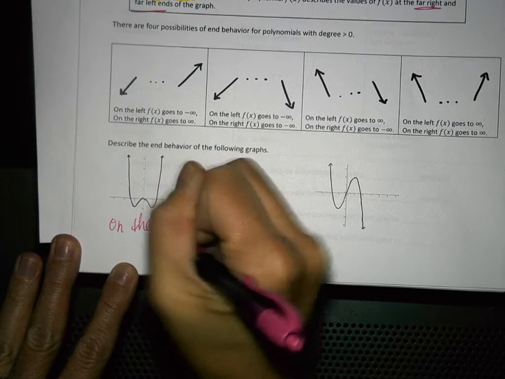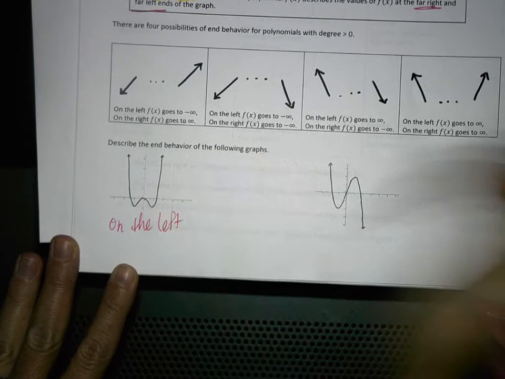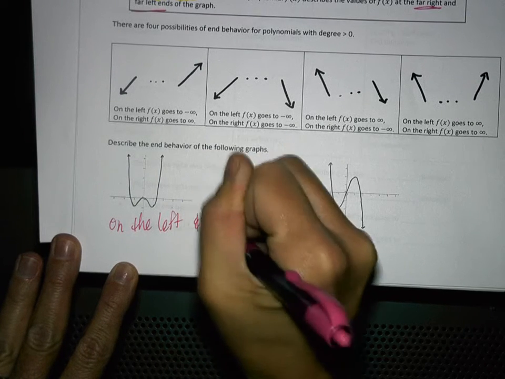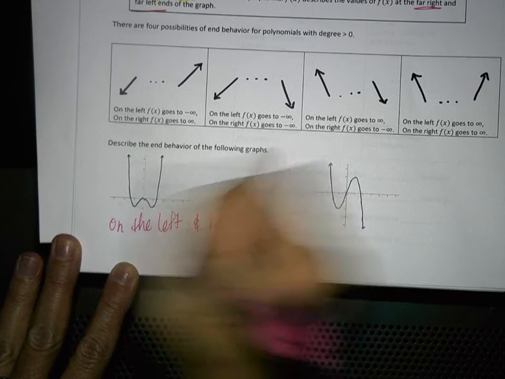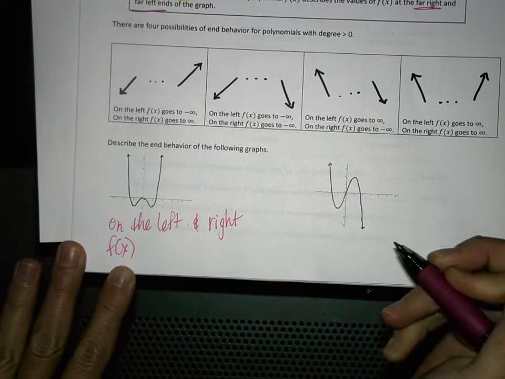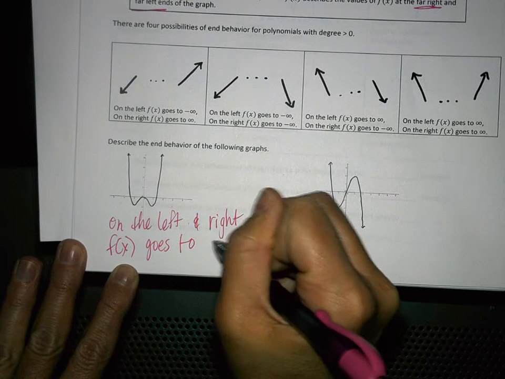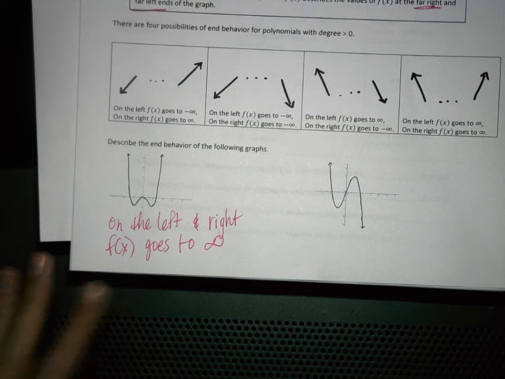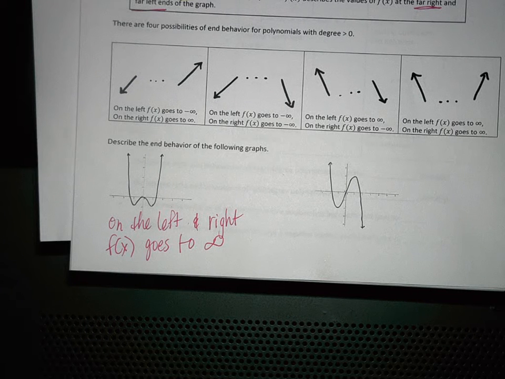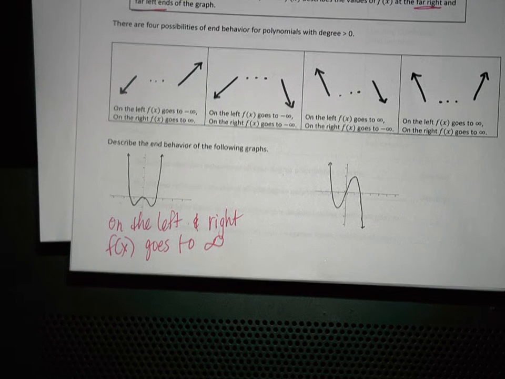And so we're just going to write here, on the left and right, f of x goes to infinity, since it's positive infinity, so we just write infinity. We are looking at the graph, so you're kind of looking at more of the domain.